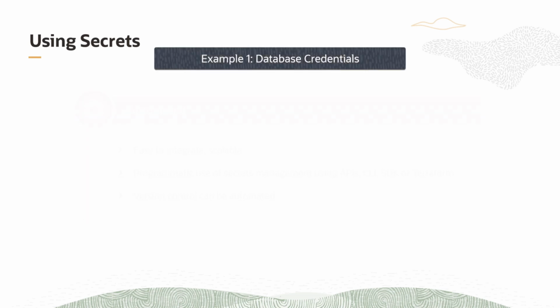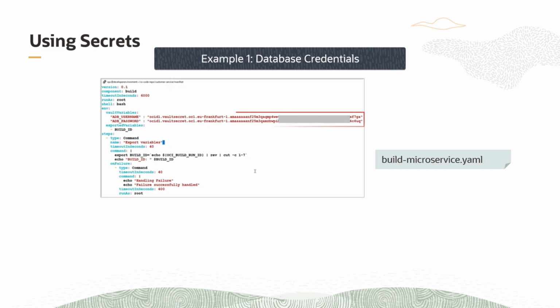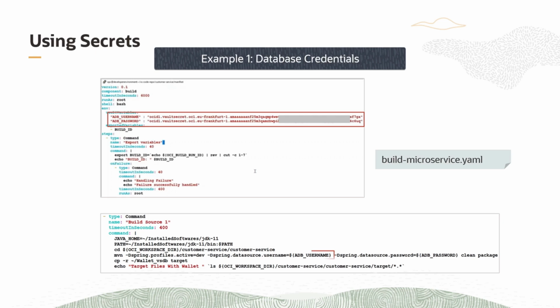And now that we have the OCID of each secret, in this Kubernetes example, I have introduced two new Vault variables in the YAML build file. These variables are utilized to build the code, create a container image, and subsequently deploy it to an OKE cluster. The maven build command will reference these variables, specifically the database username and password in this instance.